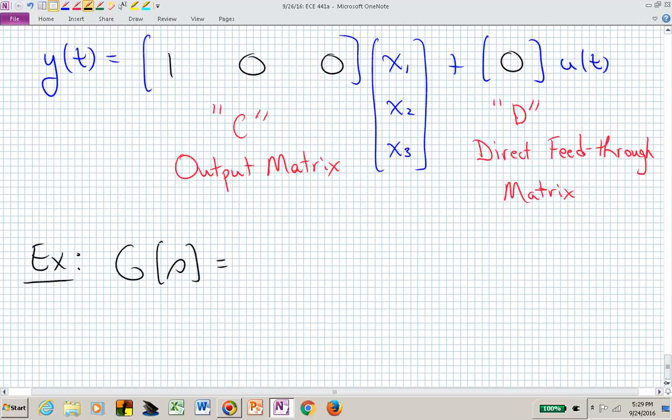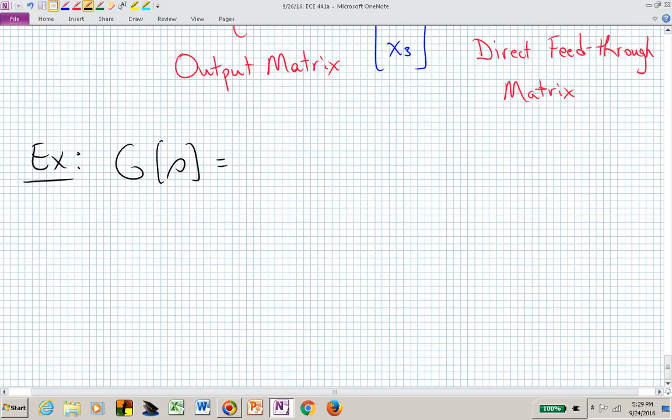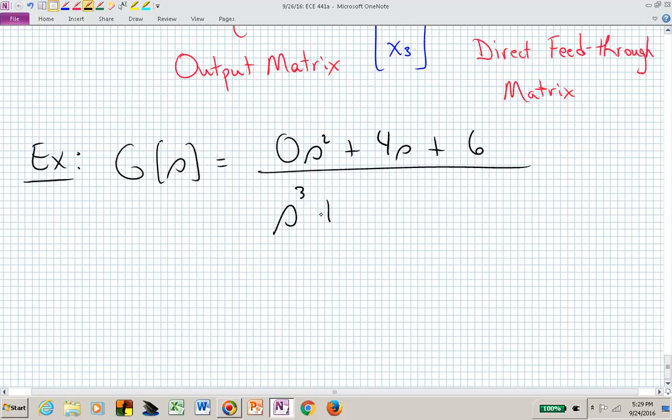Let's look at an example of how you could go directly from a transfer function. Suppose that I give you 0s squared plus 4s plus 6, and then I have s cubed plus 0s squared plus 7s plus 12.